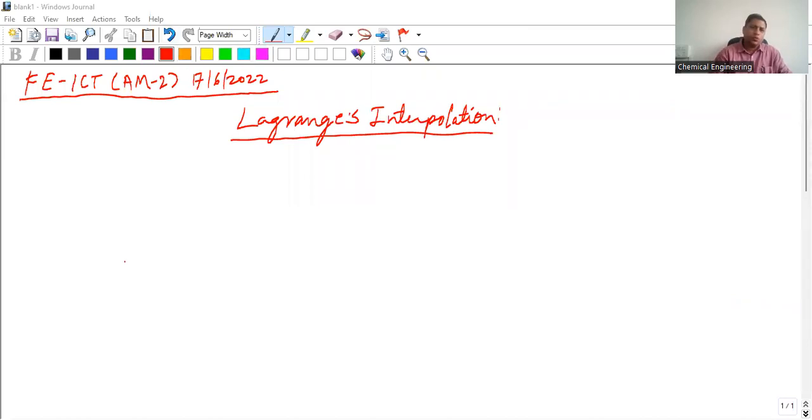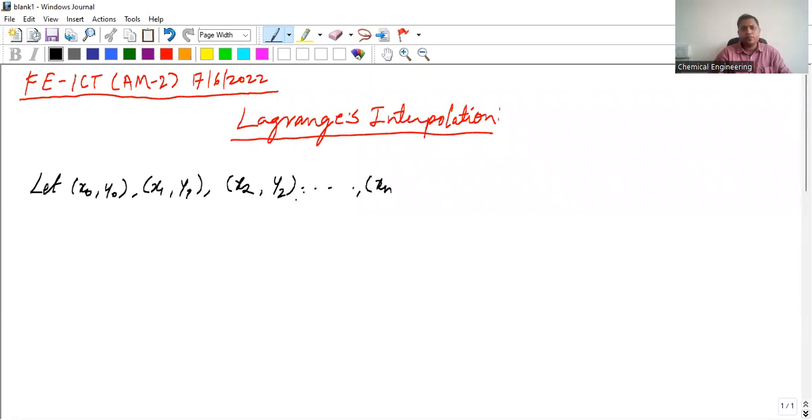Let x0, y0, x1, y1, x2, y2, and so on up to xn, yn be the given data.